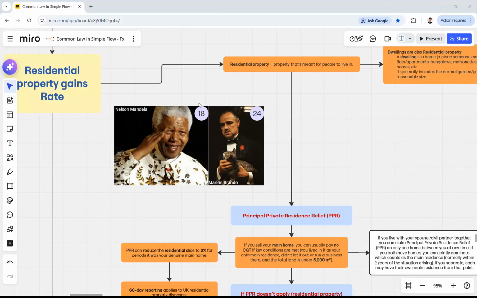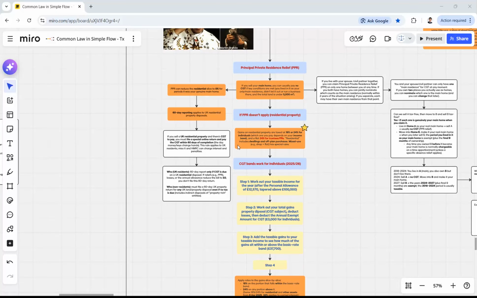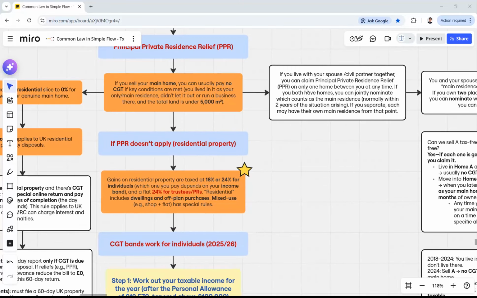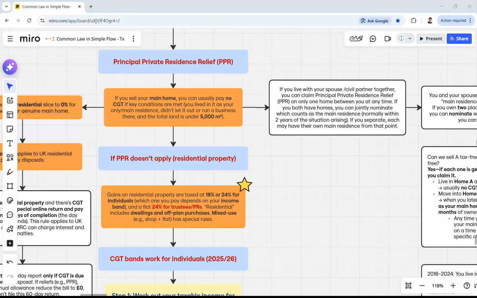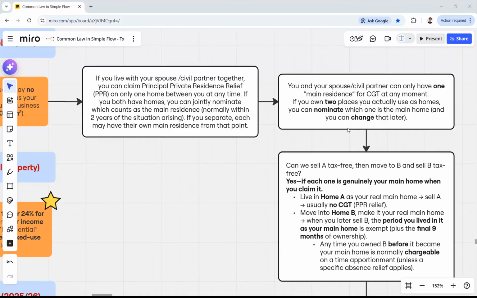And now we have here Nelson Mandela and Marlon Brando for 18 and 24. Let's quickly go through this part as well. This was the principal private residence relief, and now let's understand what this text is mostly about.